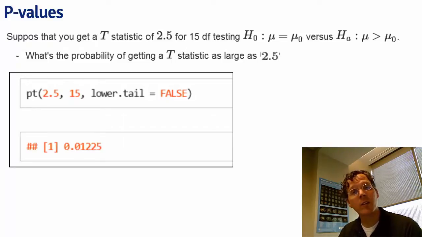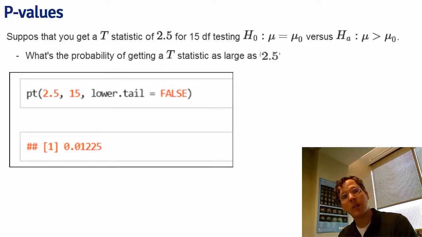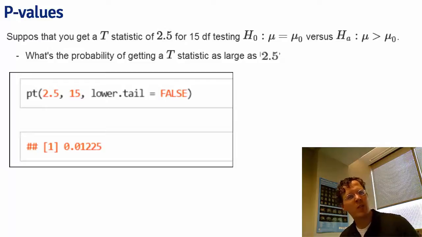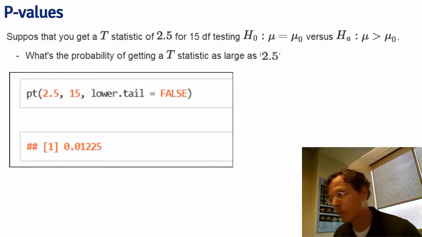We want lower.tail equals false because we want the probability of being larger than 2.5, as or more extreme in the direction of the alternative. That works out to be about 1%. Therefore, the probability of seeing evidence as or more extreme than actually obtained under the null hypothesis is 1%. So either the null hypothesis is true and we've seen an exceptionally large T statistic, or the null hypothesis is false.